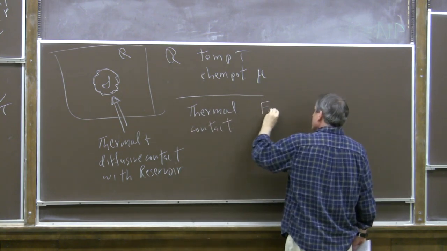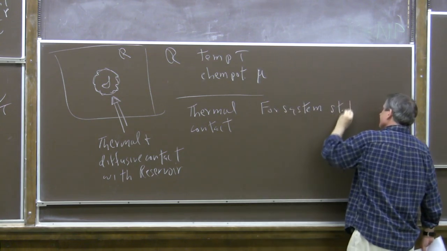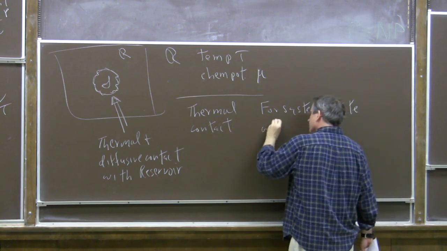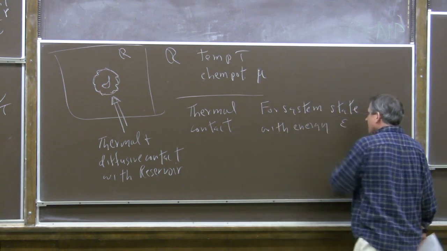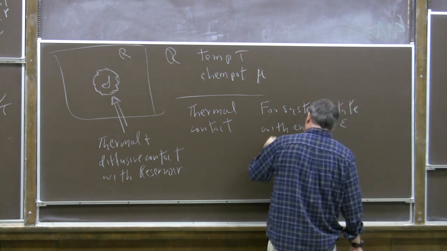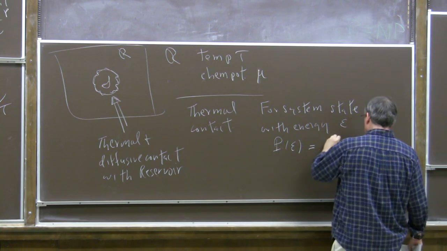For a system state with energy epsilon, the probability of being in such a state for the system was given by the Boltzmann factor.